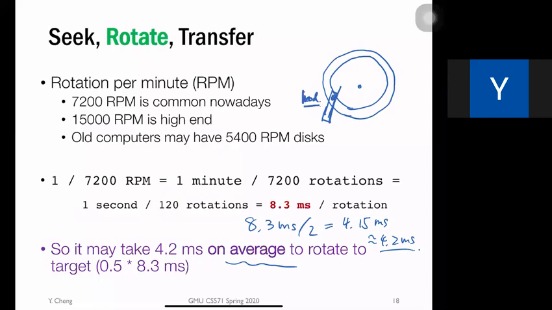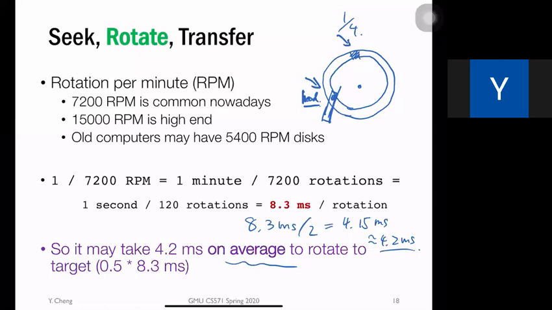Randomly, if the sector of your request happens to be over here, you don't have to rotate halfway. Instead, you just rotate 1/4 of the full circle distance, if your disk arm, this head, happens to be over here, and this is your requested data.